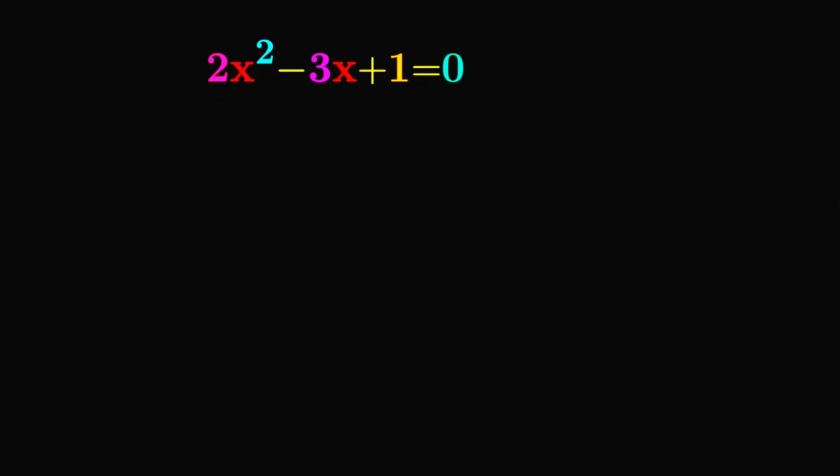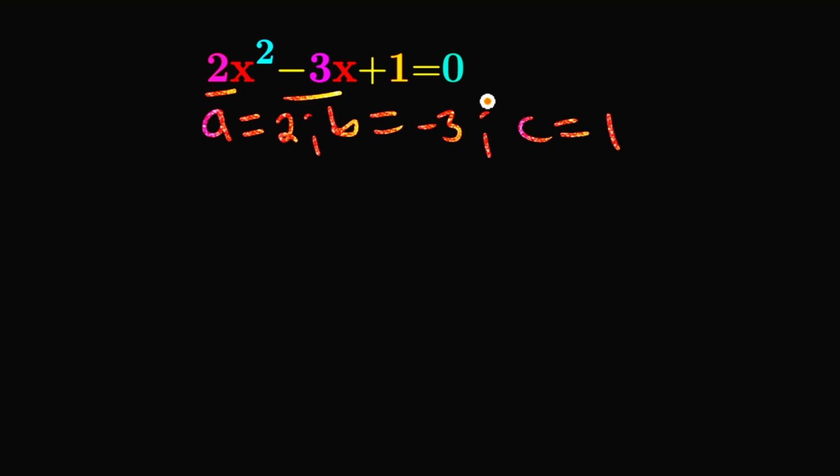We have 2x squared minus 3x plus 1 is equal to 0. The first thing to do is determine the value of a. In this case, a is 2, the value of b is negative 3, and finally the value of c is 1. The discriminant is b squared minus 4ac.